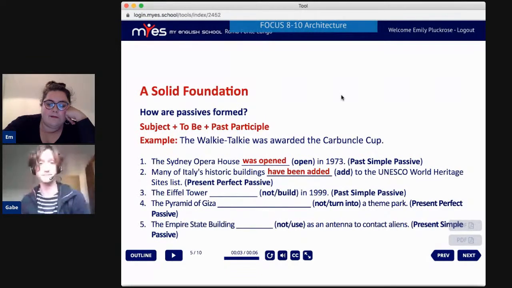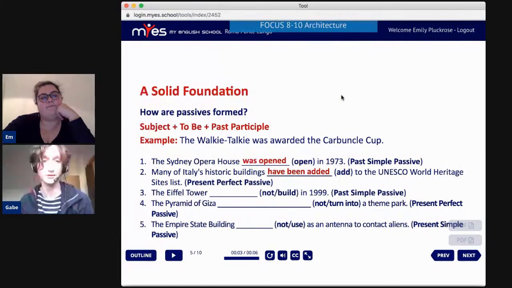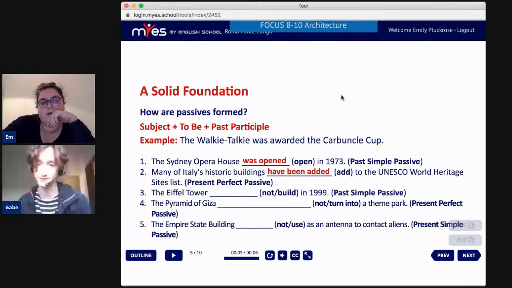And for the past simple passive in the negative. Pay attention also. Is there a possible... A possible what? No, that's fine. Excellent.